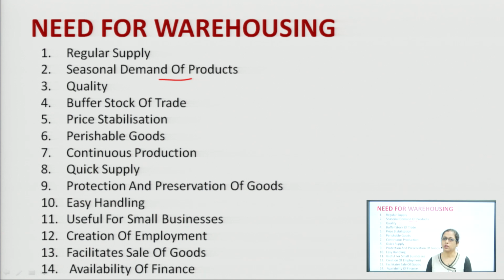So here also the product has to be kept safely, and during that waiting period it becomes ripe or properly mature enough for consumption. So that is the need for warehouses for quality improvement of the product.